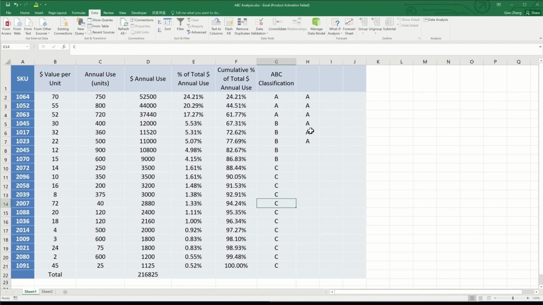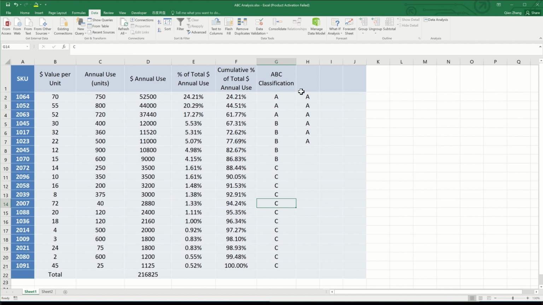But this tool helps you identify a few SKUs which take up most of the total values. So you don't want to choose a lot of SKUs. We need to keep that in mind. But in general, the 80% should be a rational, feasible way to classify.